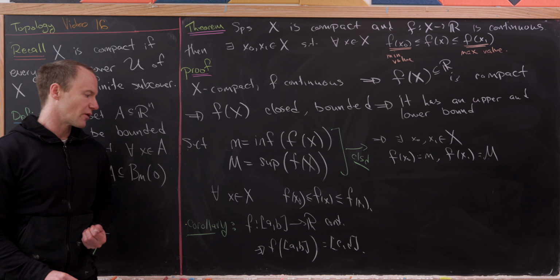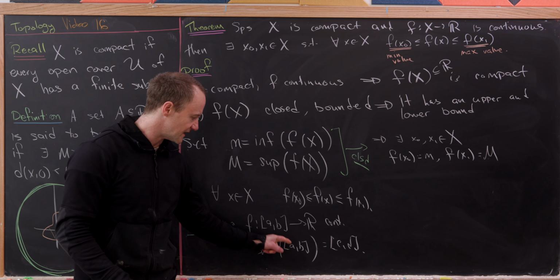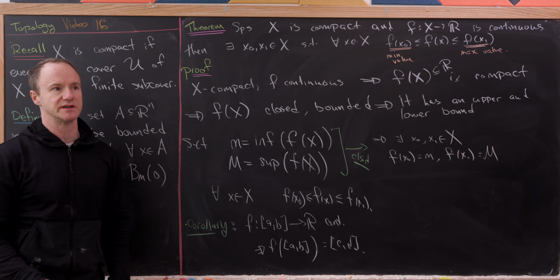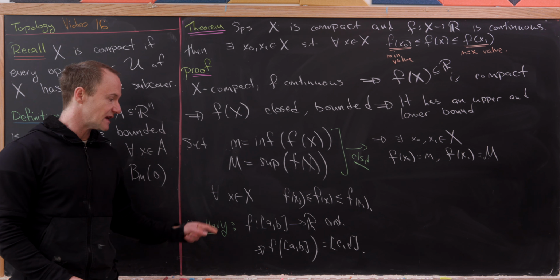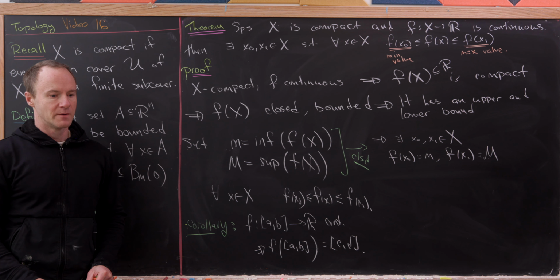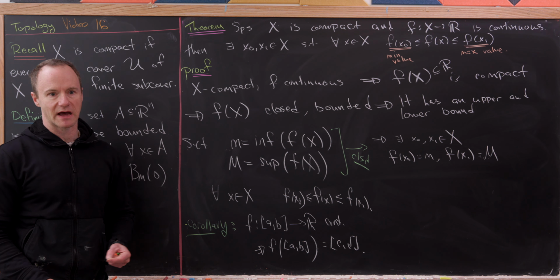So we could talk our way through this a little bit, but let's notice that the image of this interval, since the interval is compact, the image is going to be compact, but compact means closed and bounded.